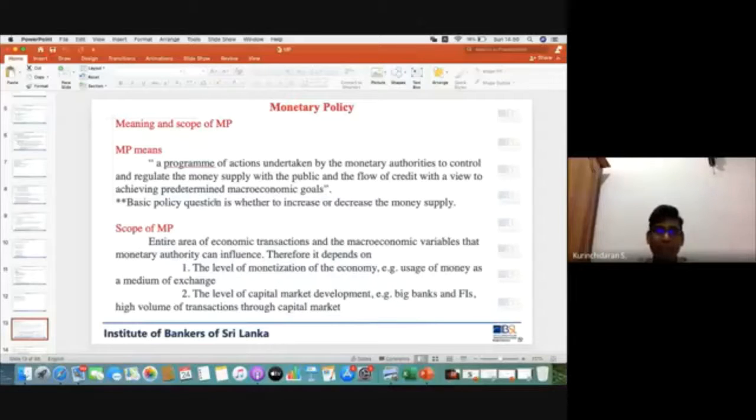So the area where monetary policy can have influence depends on these two areas, right?